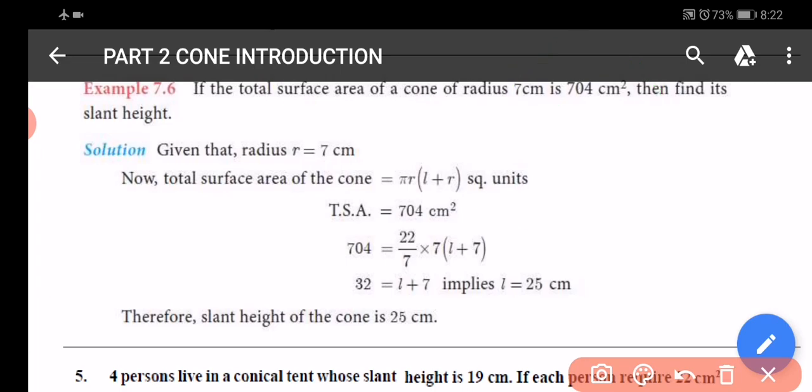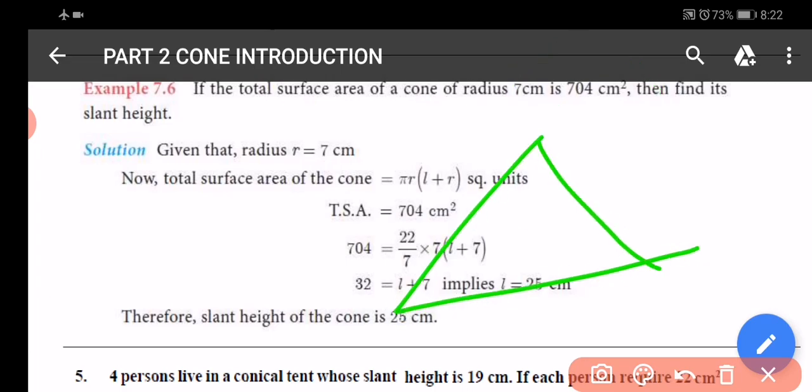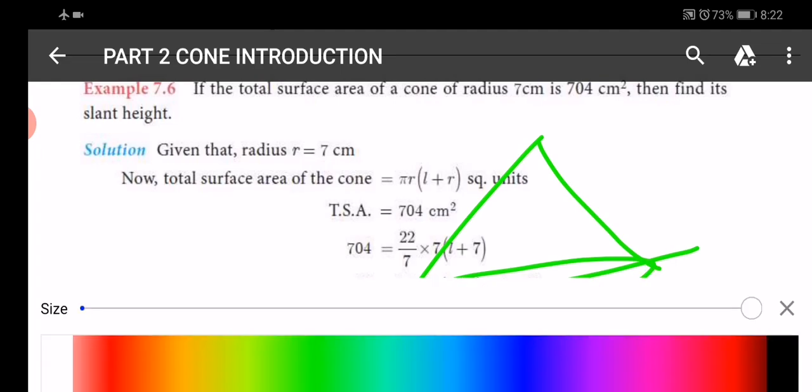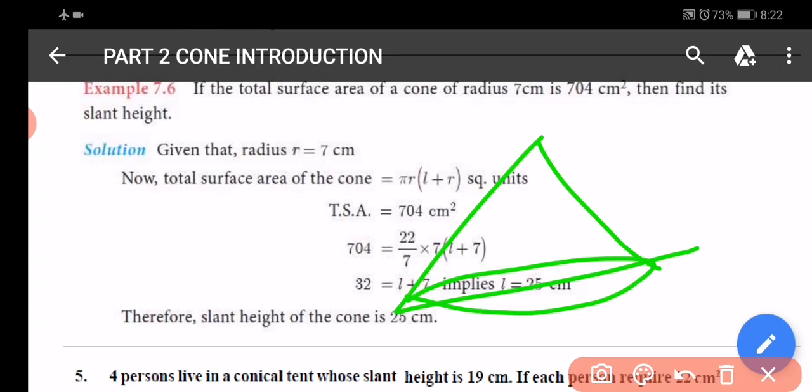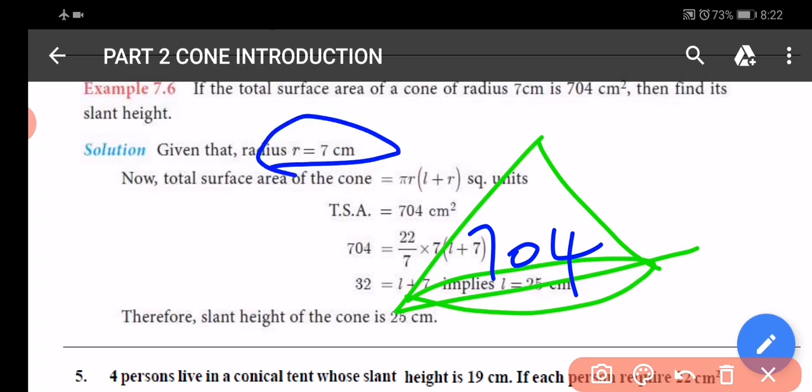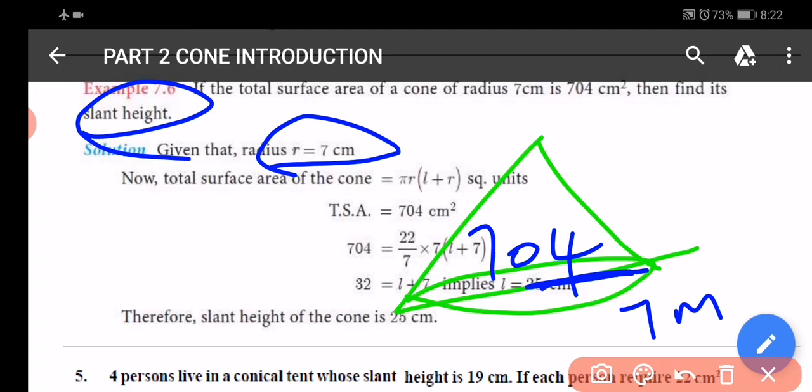So in this problem, total surface area of cone equal to 704 meter square, and also radius is given, that is radius is 7 meter. So which one is asked? Find its slant height. They asked slant height l.